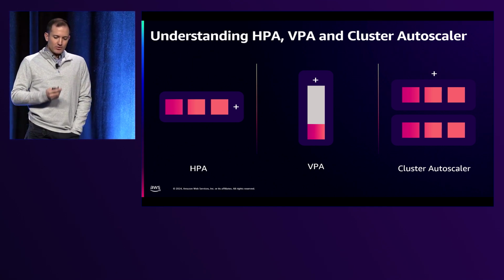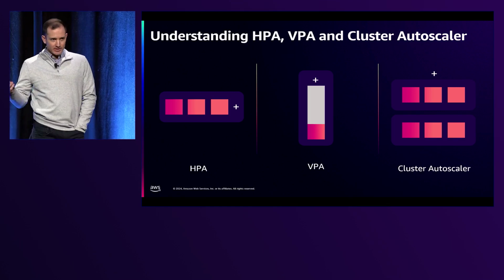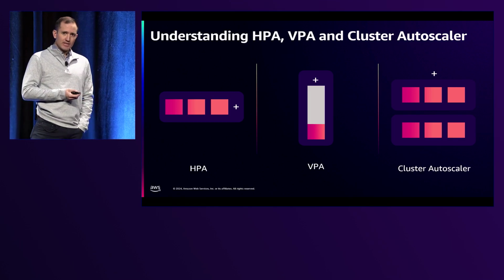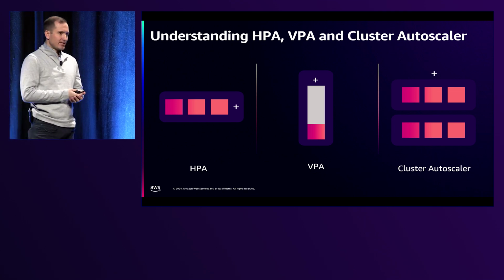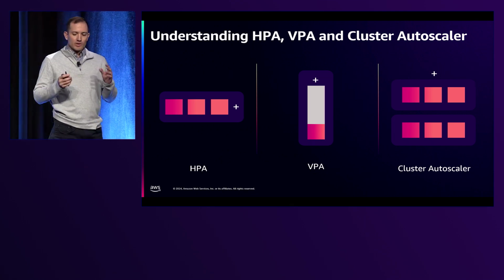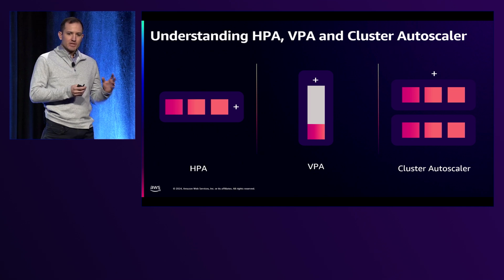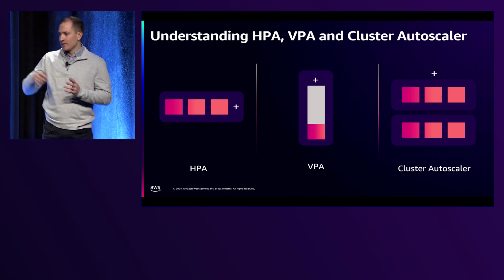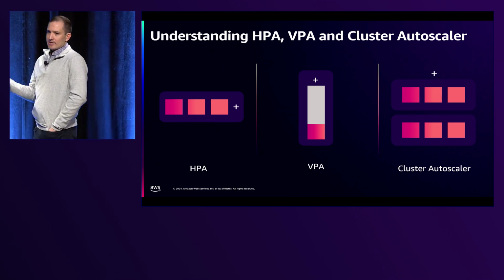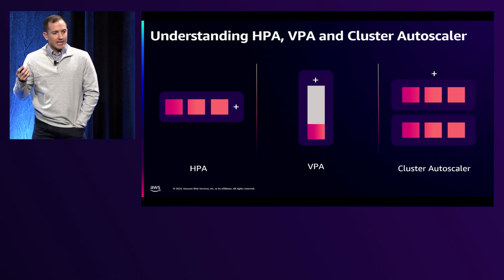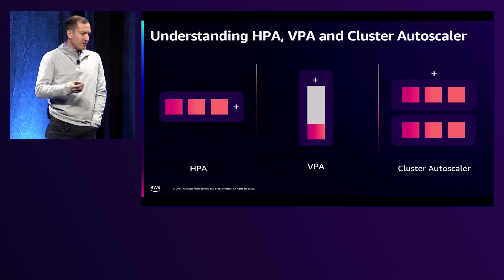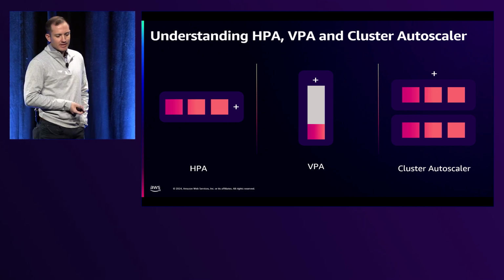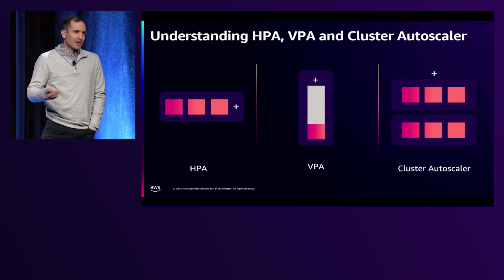And then once you have figured out how you're horizontally going to manage your pods, you need to figure out, okay, how do I vertically size my pods? This is taking the idea of your resource requests. So in Kubernetes, you're going to define, I want X amount of memory, I want X amount of CPU, and I need X amount of GPUs. Well, at the end of the day, if you're a data scientist or application developer, you want your application to run, right?